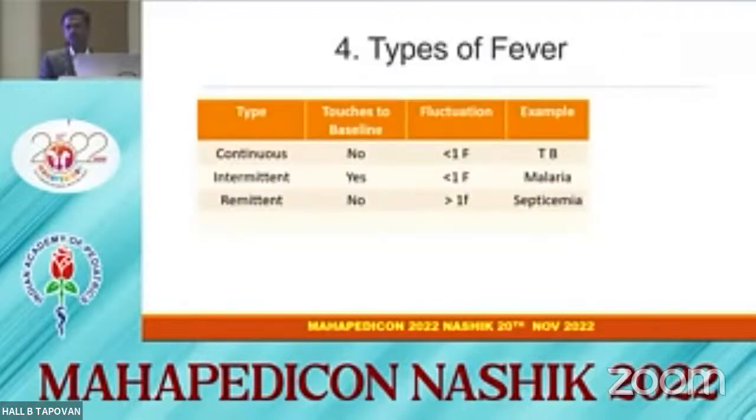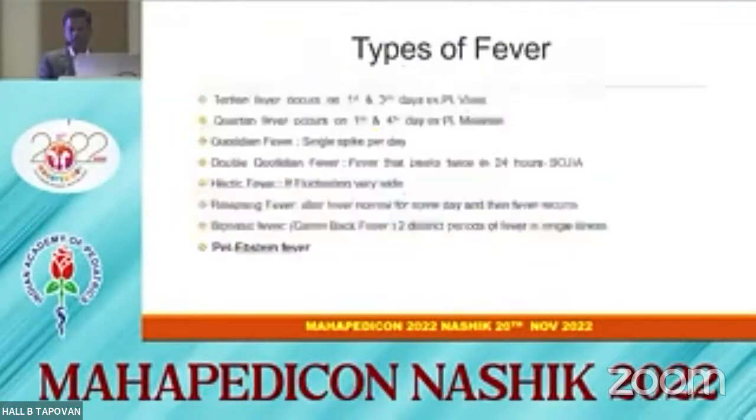There are three basic types of fever, that is continuous, intermittent, and remittent, depending on whether the fever touches the baseline or not, and what is the fluctuation of fever in between fever spikes. Different types of fever like tertian fever, quartan fever, quotidian fever depend on when the fevers come back.